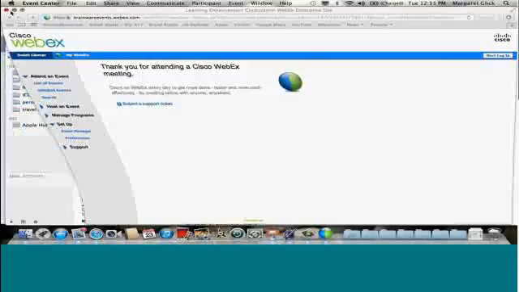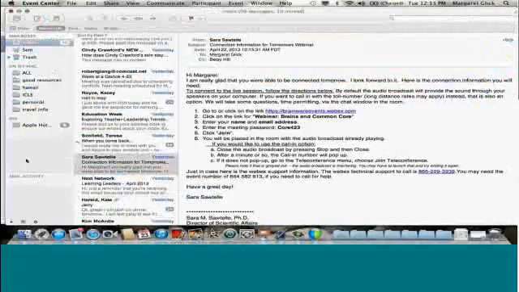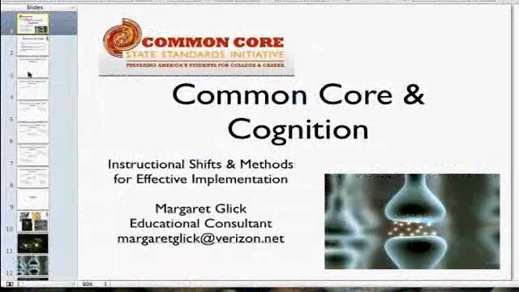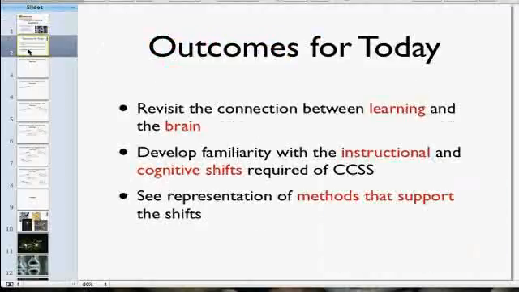My presentation today is about the Common Core and cognition, and essentially the instructional shifts and different methods for ways that we can teach and learn that will help us and help our students with the Common Core implementation and application. So the outcomes that I'd like to describe to you today, there are three basic outcomes.